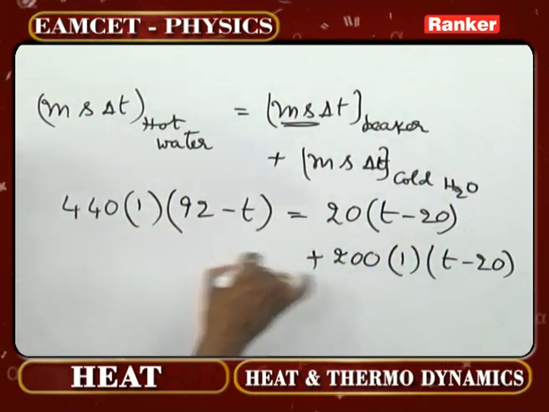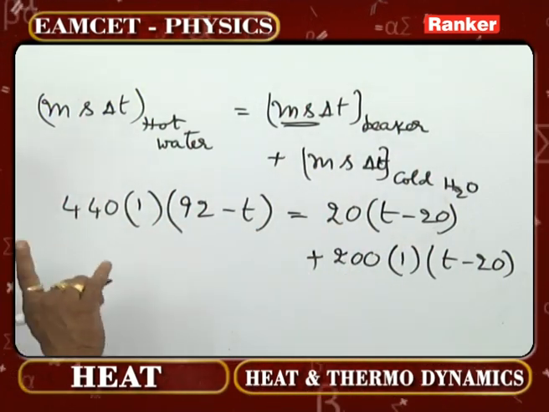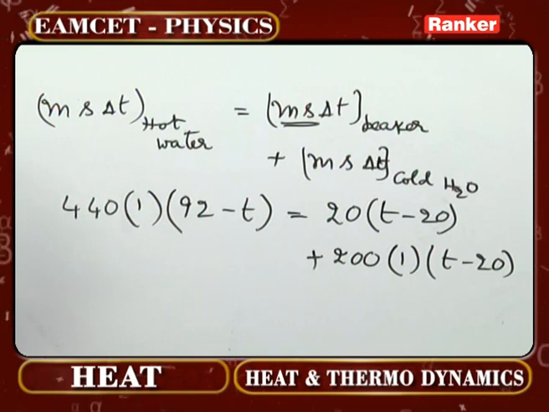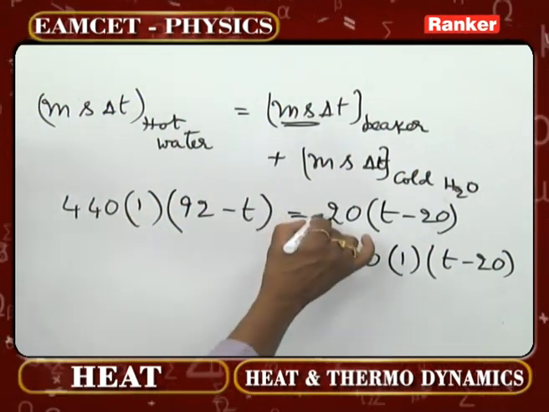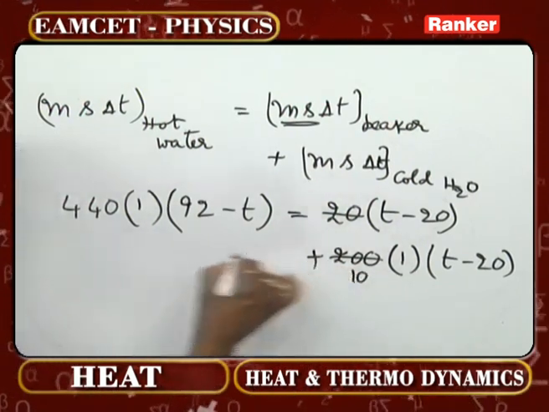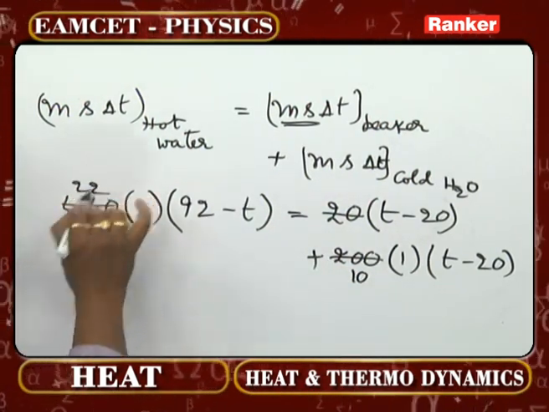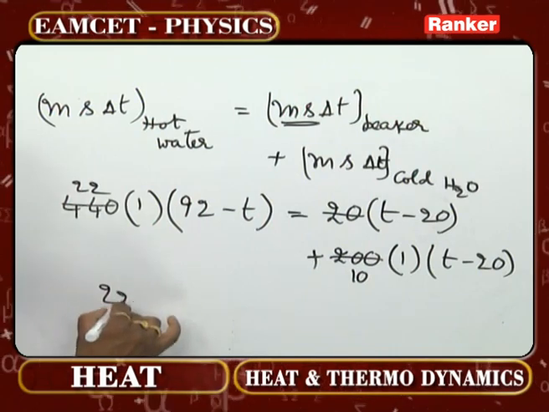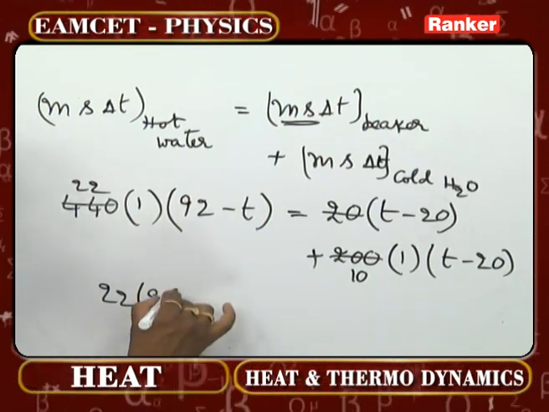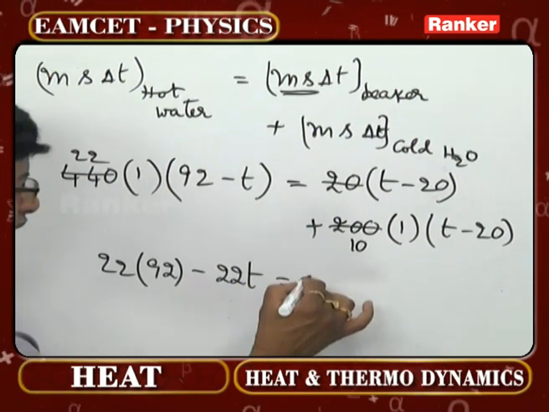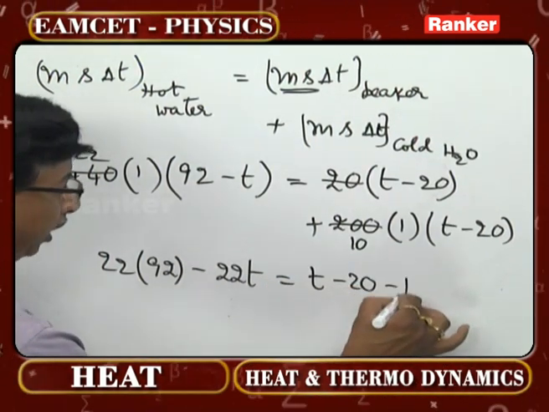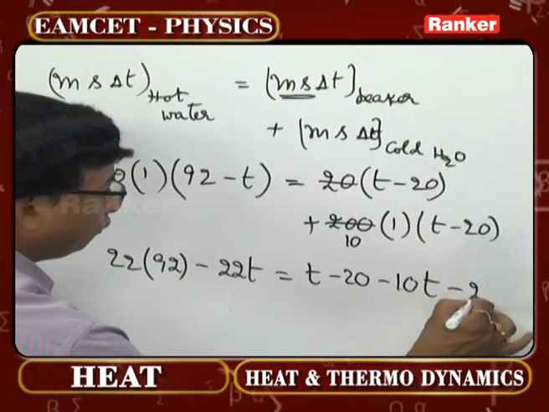In this entire equation, there is only one quantity which is not known to us, that is the value of T. Now if you cut this 20, here 10 times, here 22 times, then the equation is 22 times 92 minus 22T is equal to T minus 20 plus 10T minus 200.